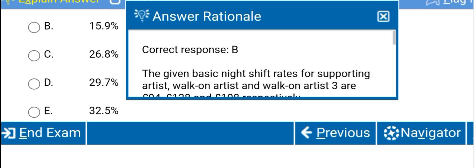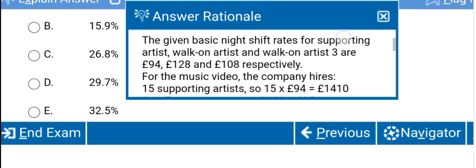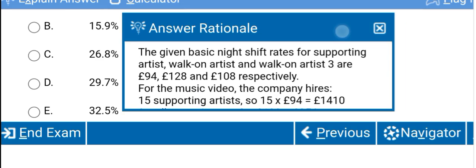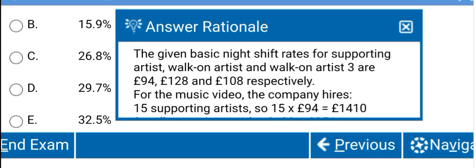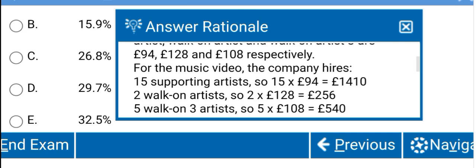So here we have the correct response is option B, as the given basic night shift rates for supporting artist, walk-on 2 artist and walk-on 3 artist are £94, £128 and £108 respectively. For the music video, the company hires 15 supporting artists.